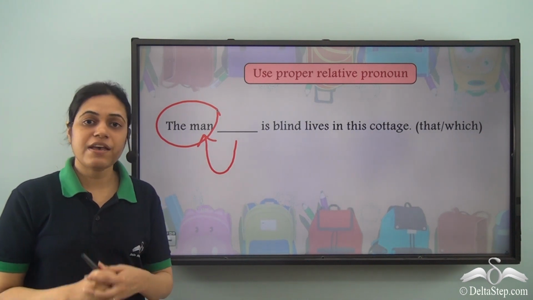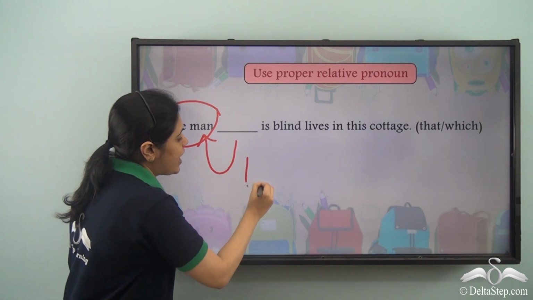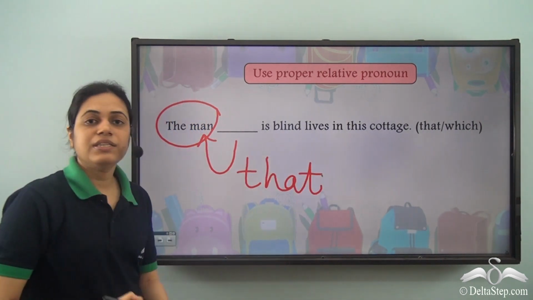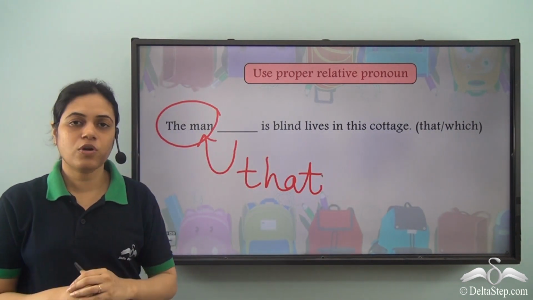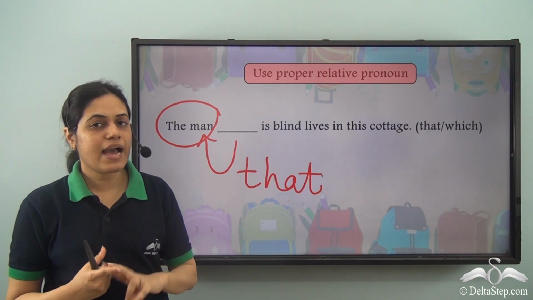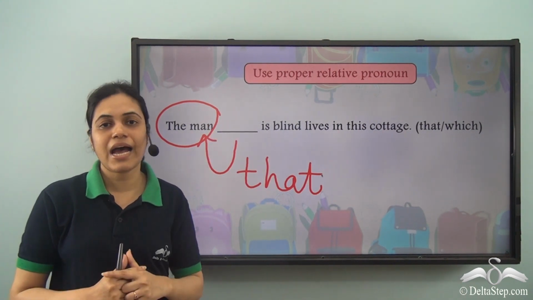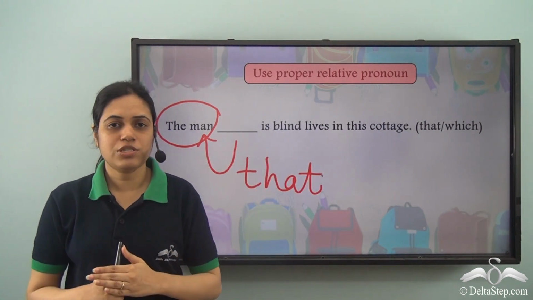So which is never used for a person or people. So what I can write here is that. The man that is blind lives in this cottage. So between that and which, the relative pronoun that I can use here is that.